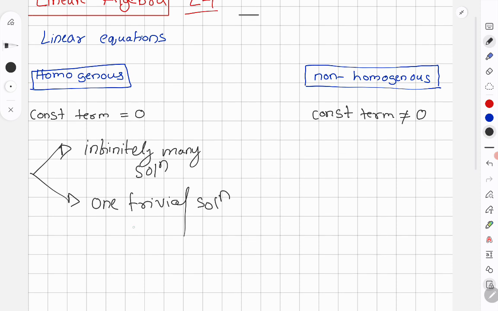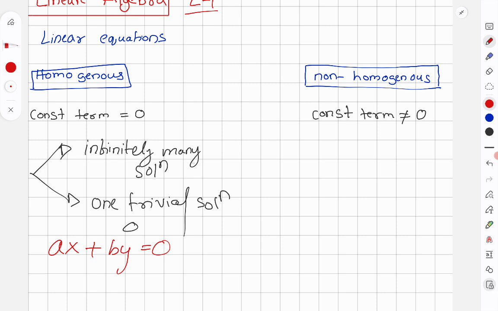So one is the trivial solution and the other is infinitely many solutions. What does it mean? The homogeneous equation looks like ax plus by equal to 0. So it can have infinitely many solutions.